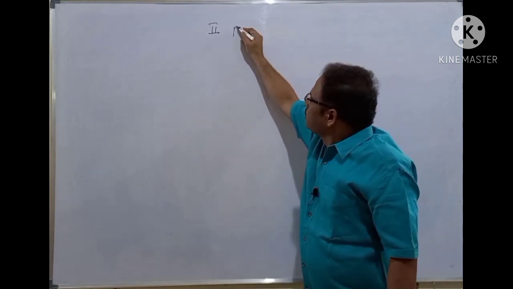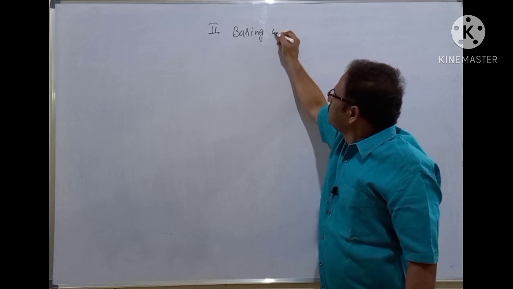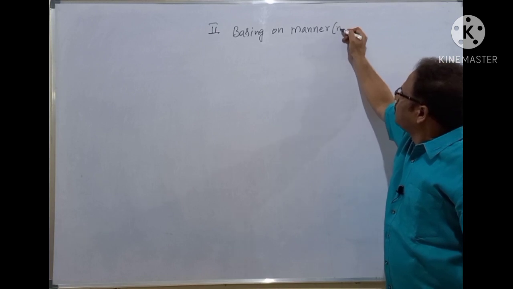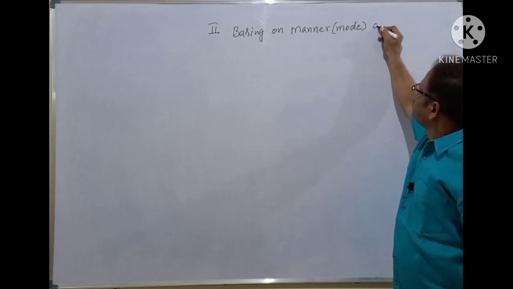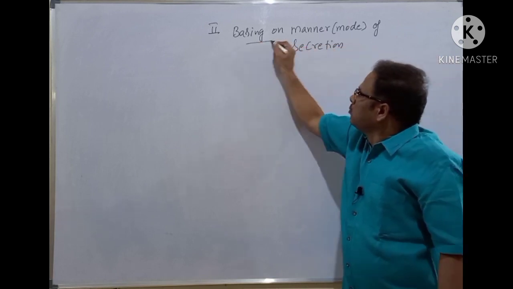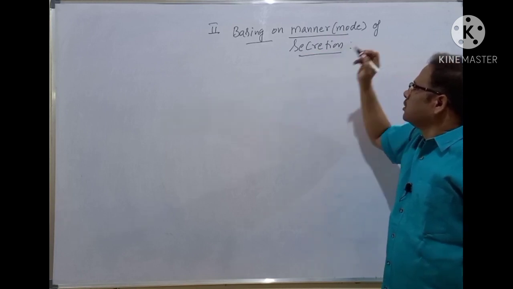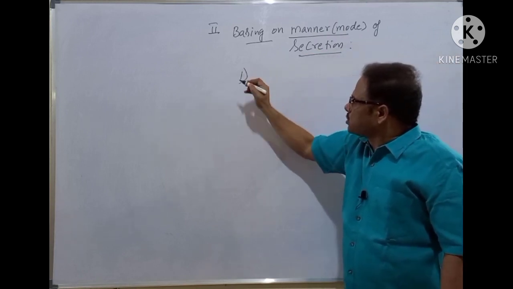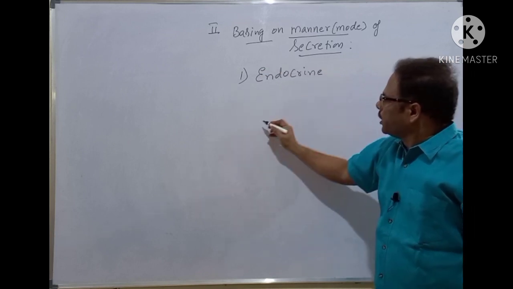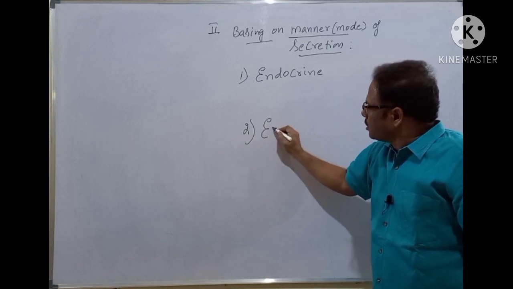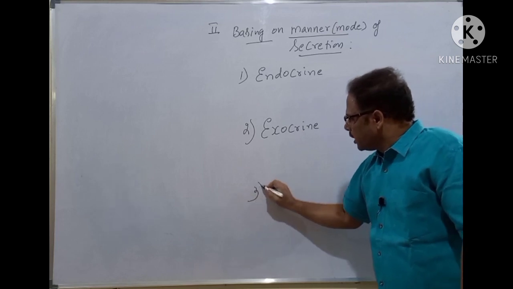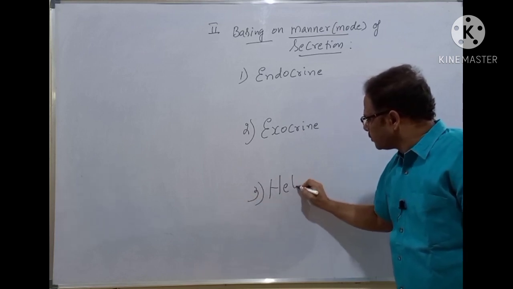Now, basing on manner or mode of secretion, different types are there. The first one is called endocrine. The second one is called exocrine. And the third one is called heterocrine.